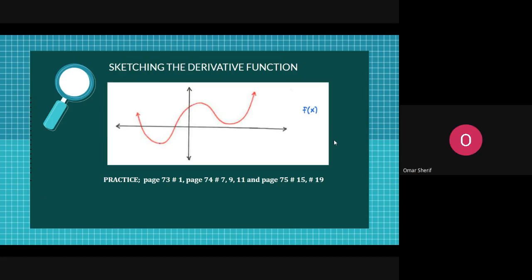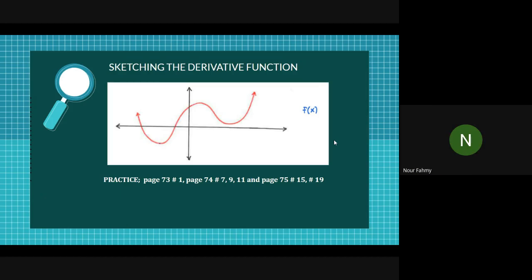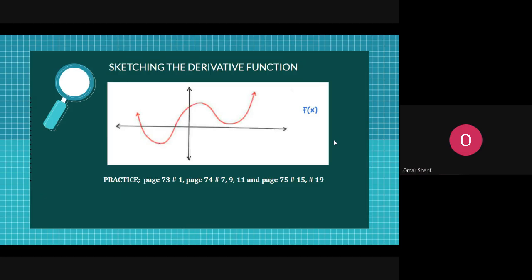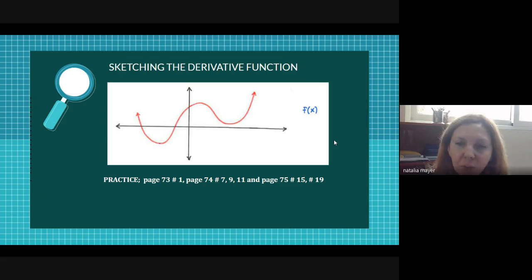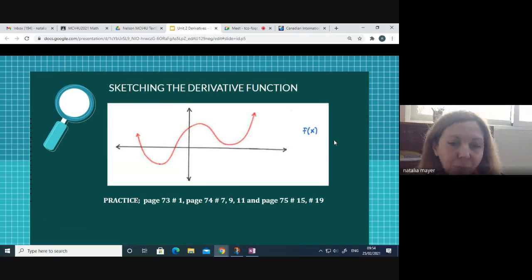How many points does a function have? Infinite. So the conclusion is, how many tangent lines can we sketch? An infinite amount of tangent lines, and each slope is going to be unique. So there will be an infinite amount of slopes, right? So this is the first idea to think about.